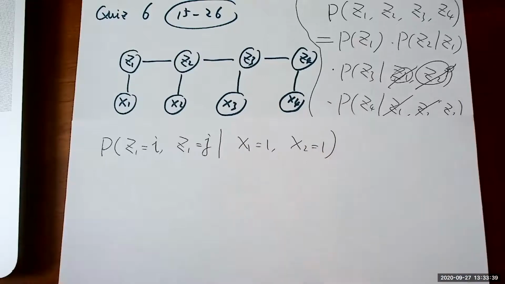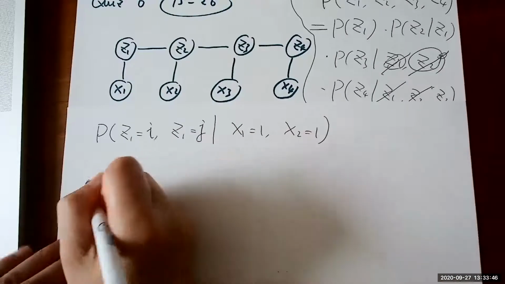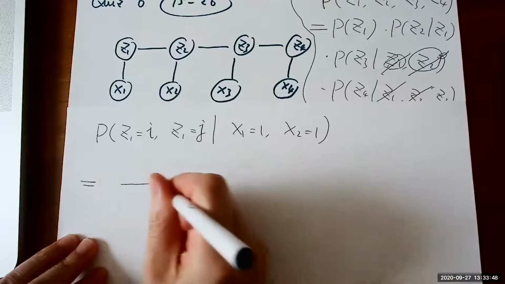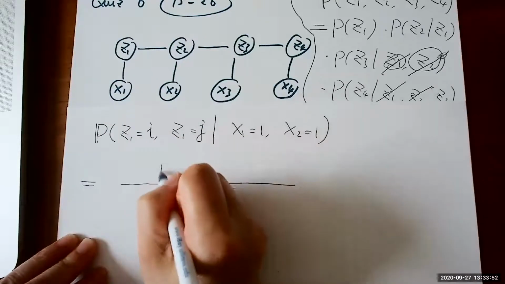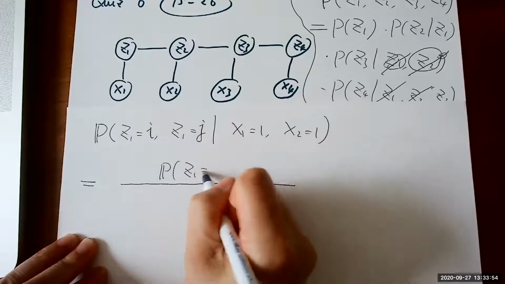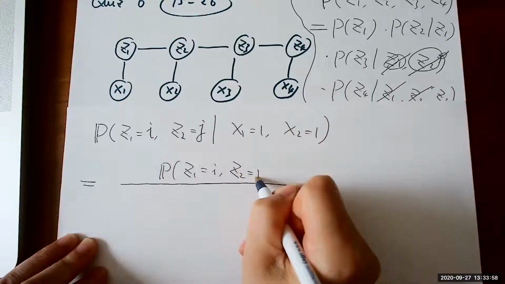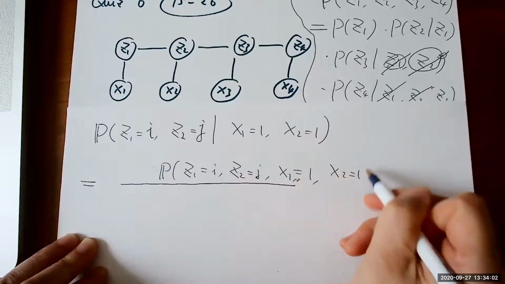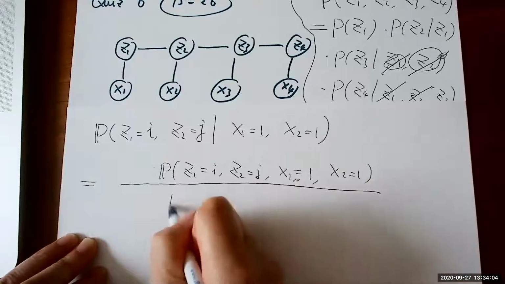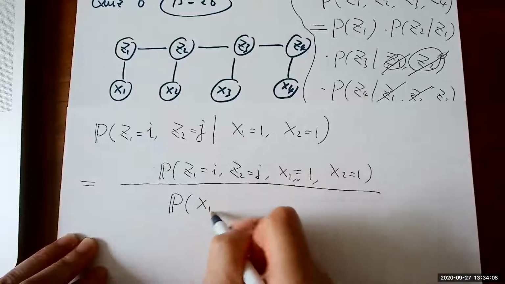So for this probability, by the definition of conditional probability, the numerator is just equal to the joint of this, divided by the marginal, which is whatever the probability after the bar.